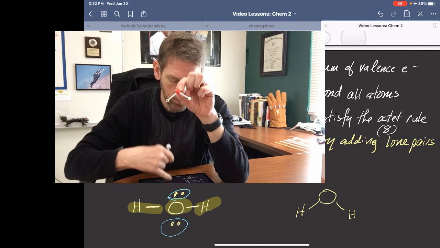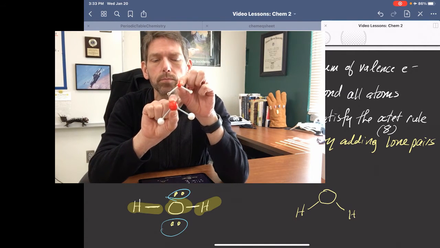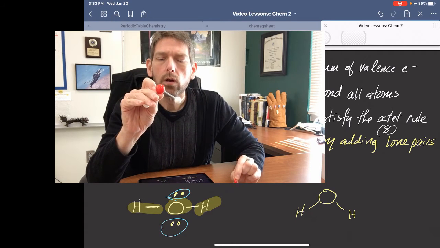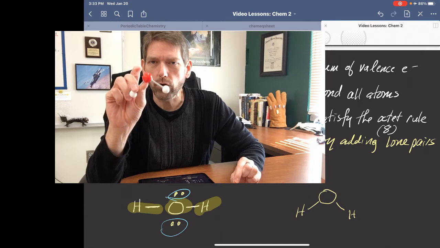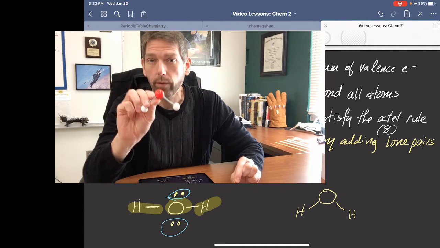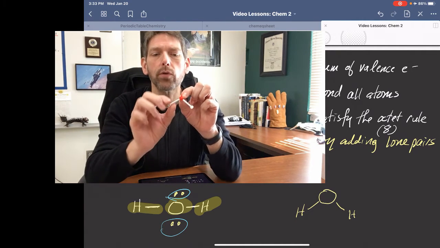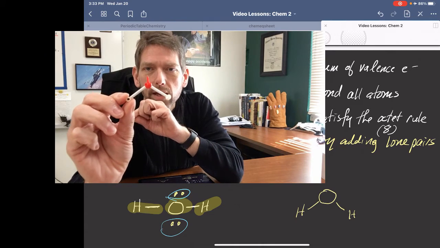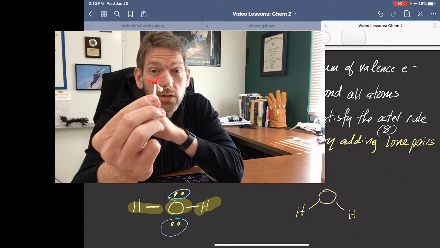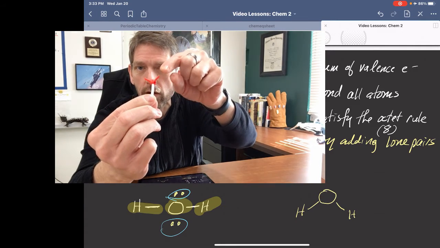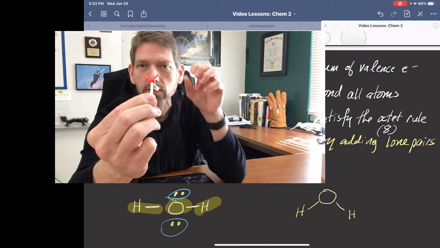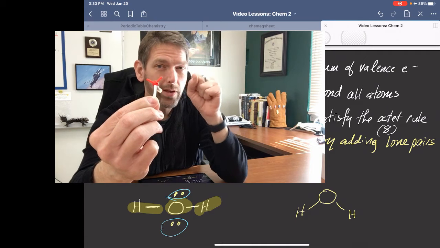Okay, so now the question is, on this one, we already know, looking at our molecule, that there are 2 lone pairs that need to be here somewhere. What this kit does is help us visualize where those lone pairs still are. So this empty post represents the space where there is a pair of electrons.